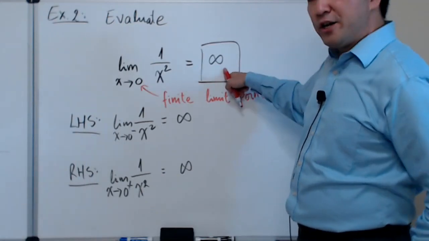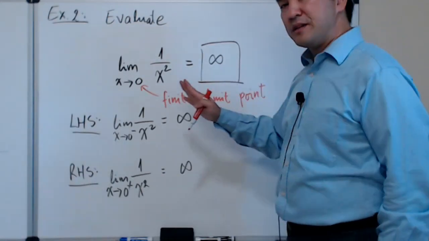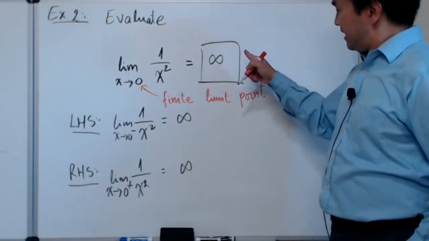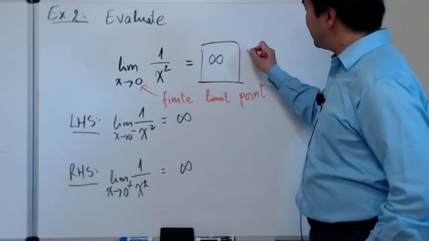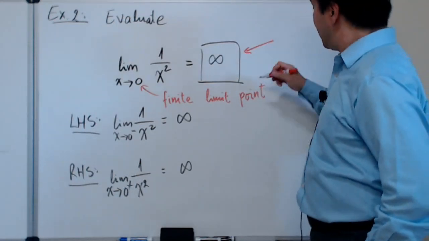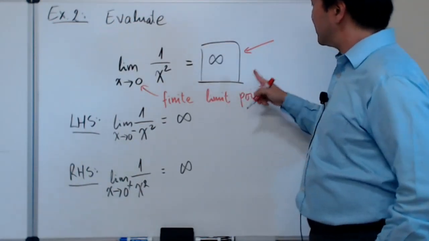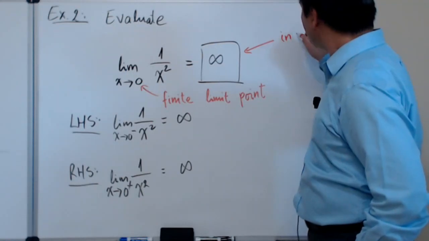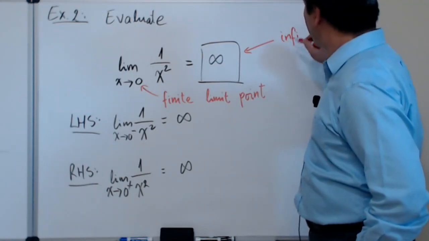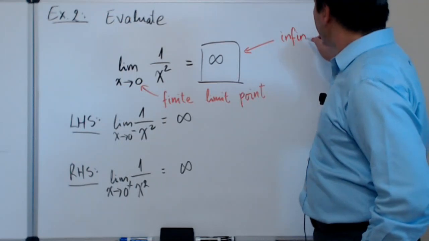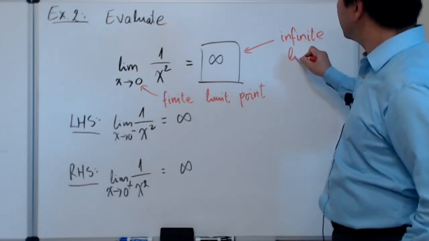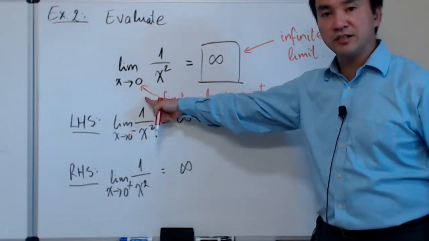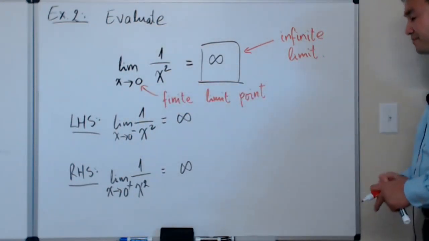But the final overall limit here, instead of being an actual number like you have seen in the earlier examples, came to an infinite limit. So this kind of problem we refer to as an infinite limit: our function had an infinite limit when x came to this finite limit point right there.